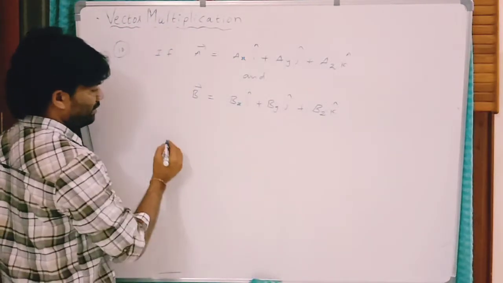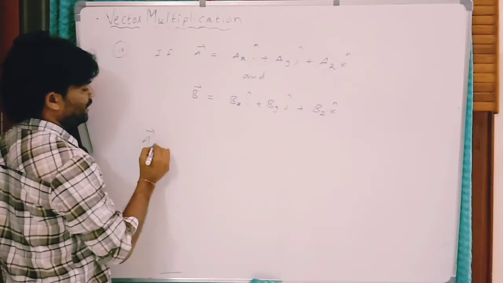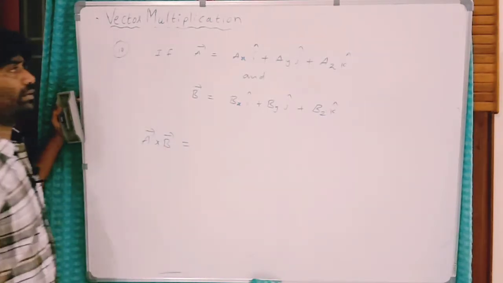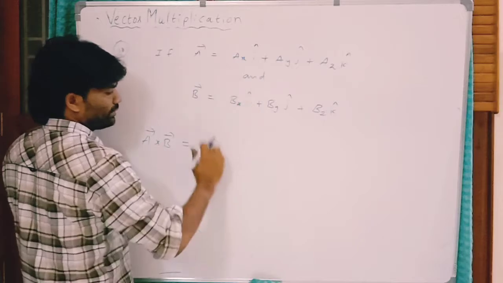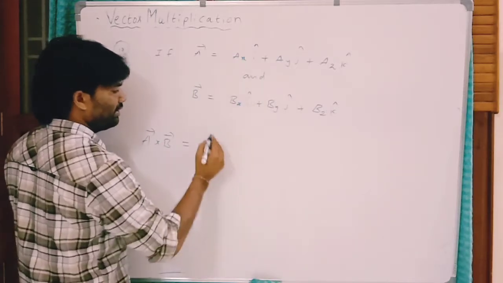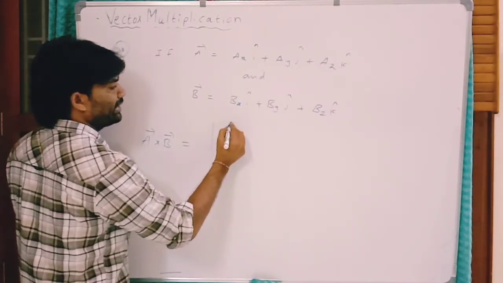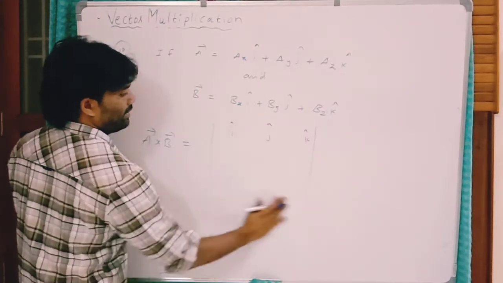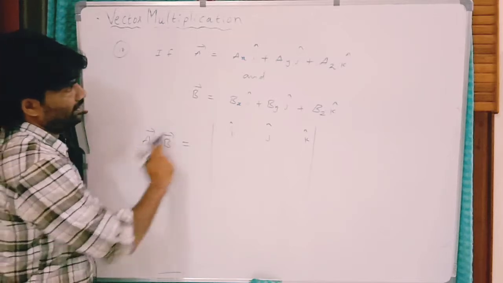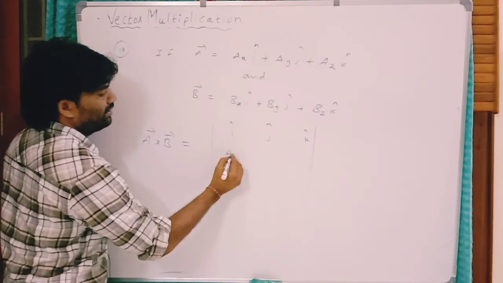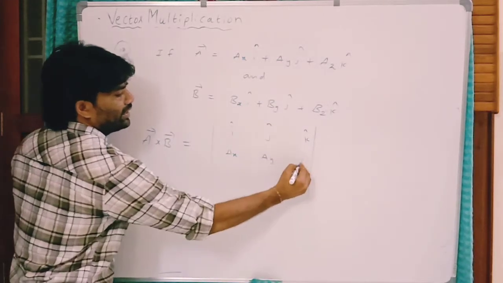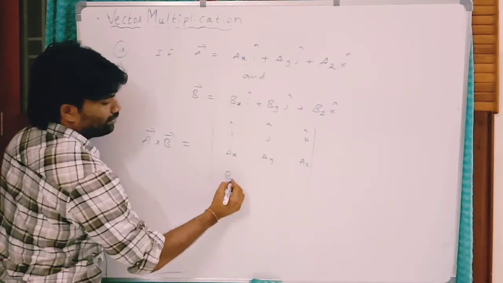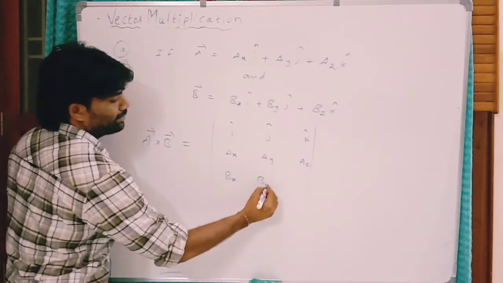Now the determination of a cross b. Instead of multiplying directly, we can follow this matrix method. So i, j, k. First take components of a vector: ax, ay, az. Next take components of b vector: bx, by, bz.